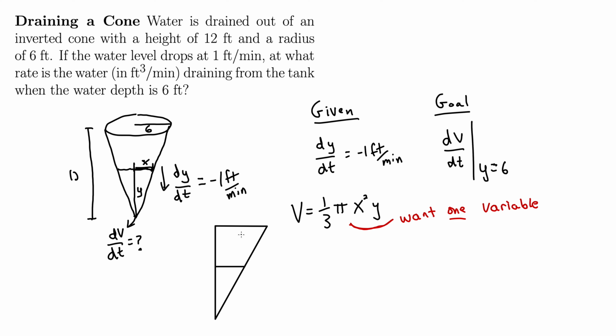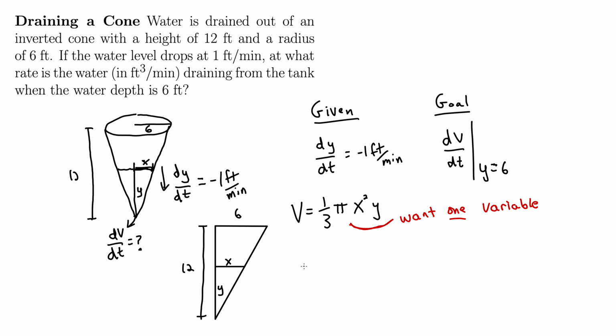Okay, so let's label what we have here. We have x and y, and then our distance up here is 6, and our entire distance from top to bottom of this thing is 12. And the way similar triangles work is they essentially compare one side to the other.